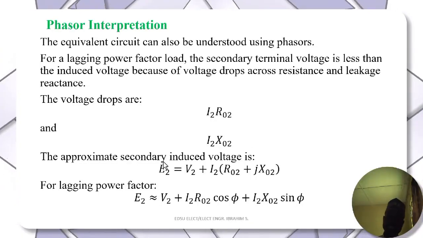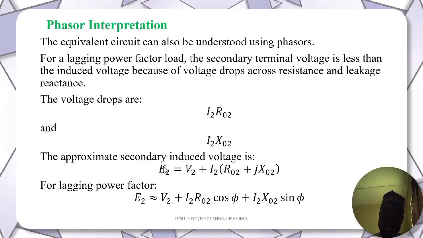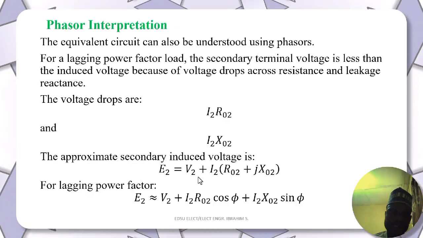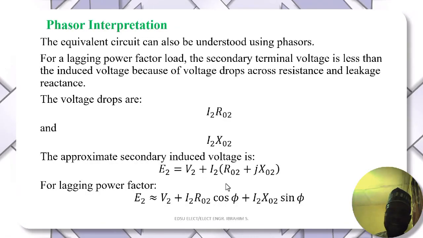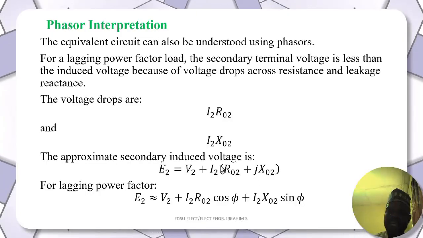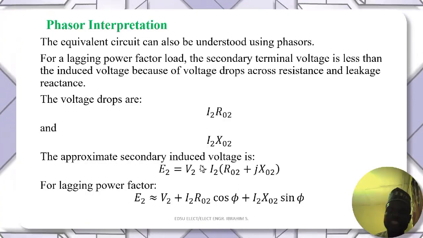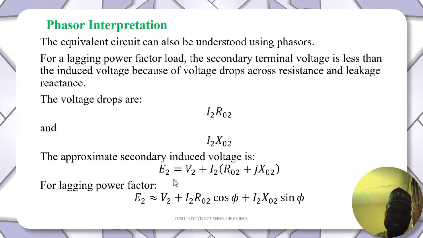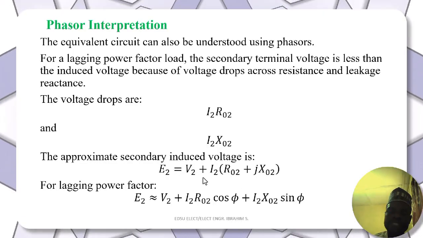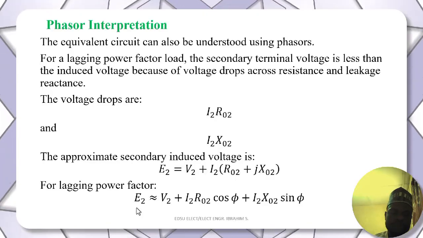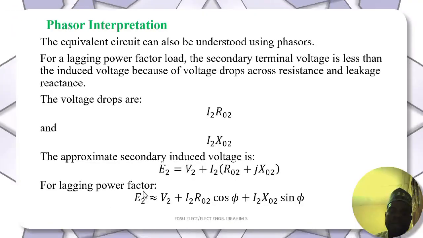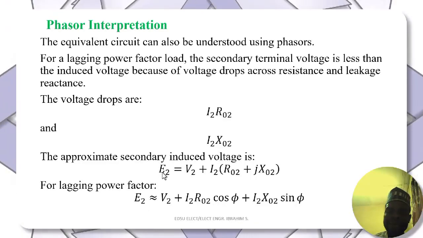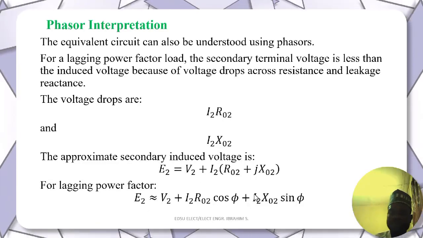So the approximate secondary induced voltage, E2, is the terminal voltage at the secondary plus my I2 open bracket this, and this is responsible for the voltage drop across the secondary terminal. So the induced voltage equals my terminal voltage plus my voltage drop. So for lagging power factor, my induced voltage is approximately my terminal voltage plus the voltage drop.